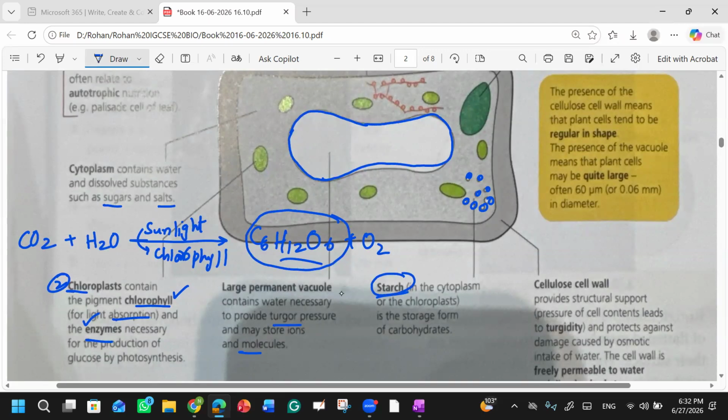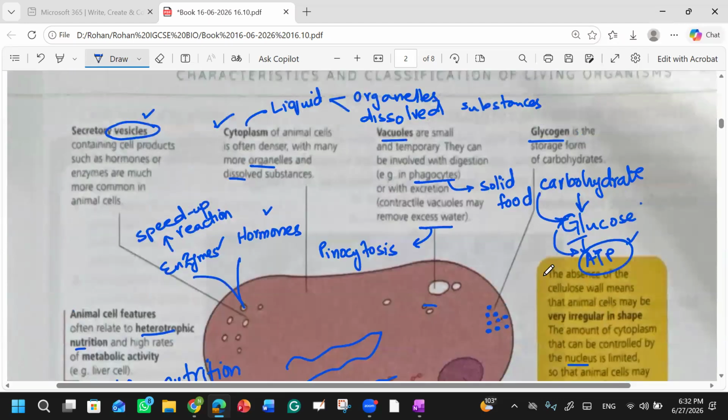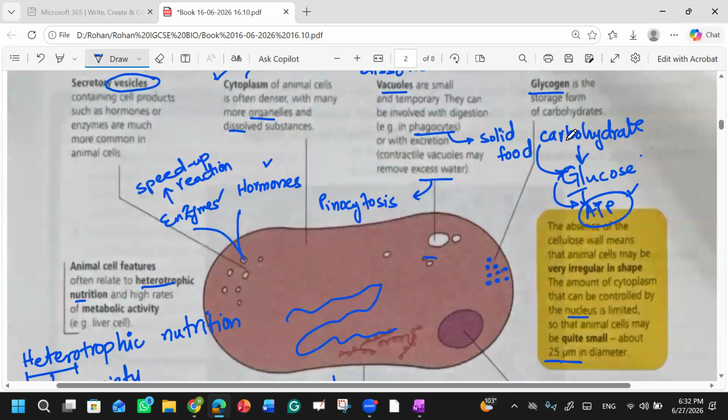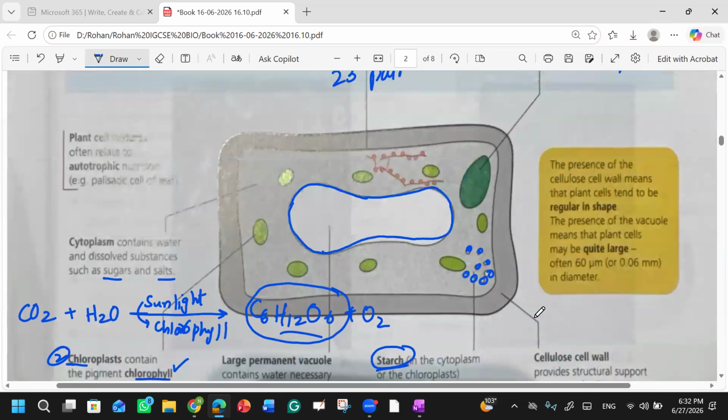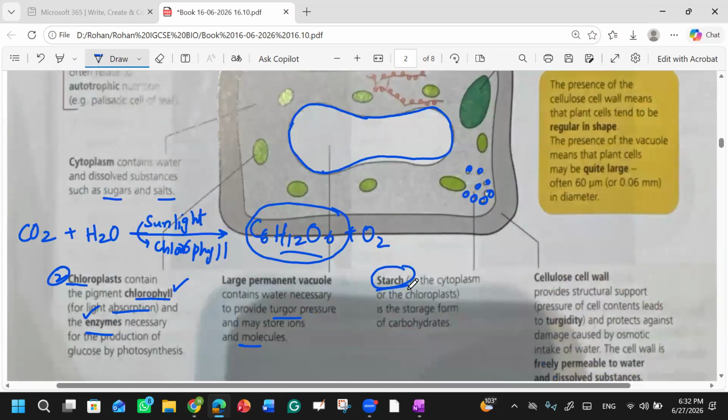The difference between animal and plant cell is that in the animal cell, glucose is stored in the form of glycogen, while in the plant cell, glucose is stored in the form of starch. The thing is the same, both are carbohydrates.